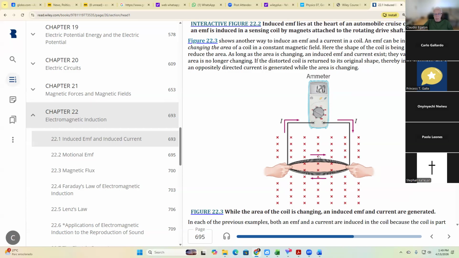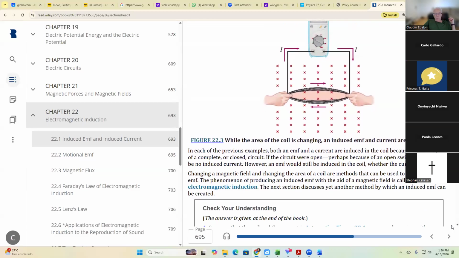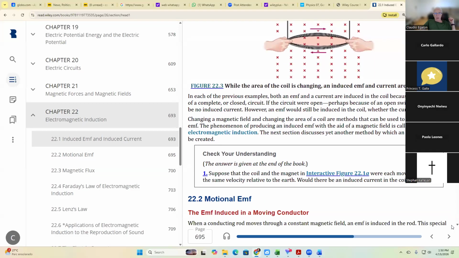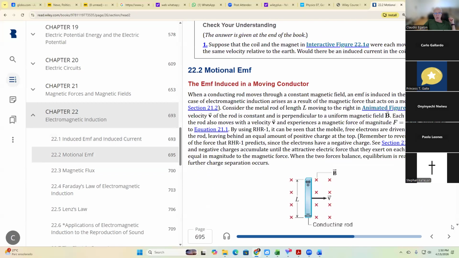Because of that, the current is going to flow back and forth, not just in one direction, depending on whether the area increases or decreases. Just a reminder.